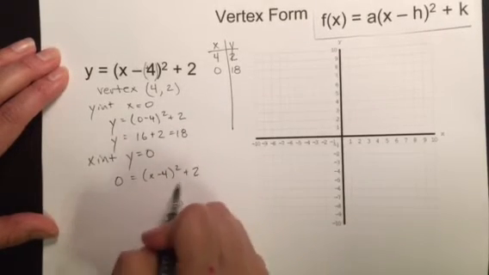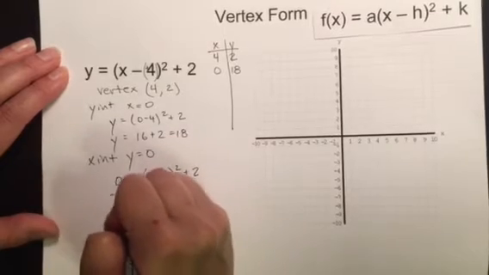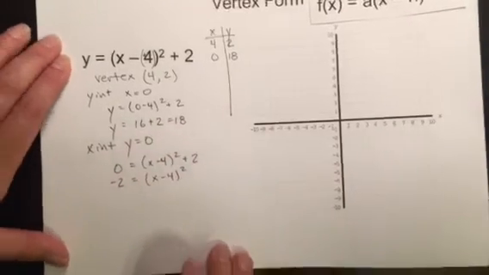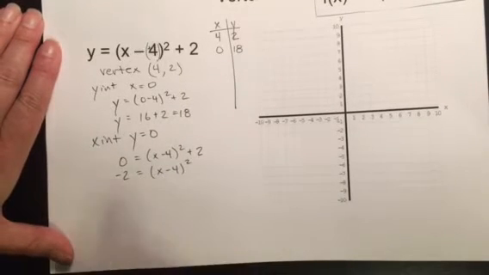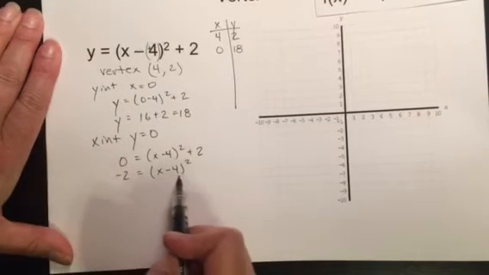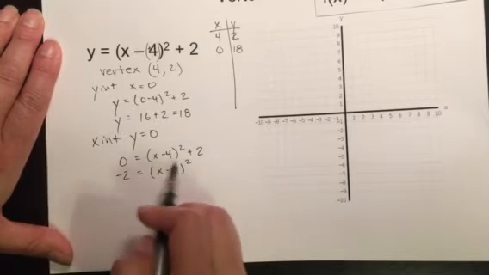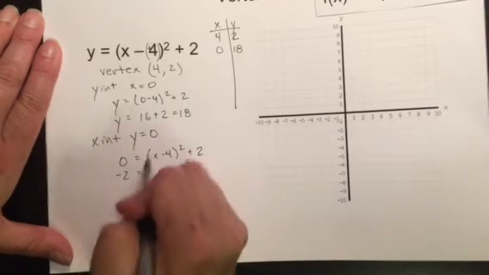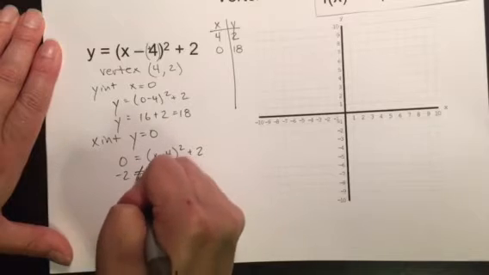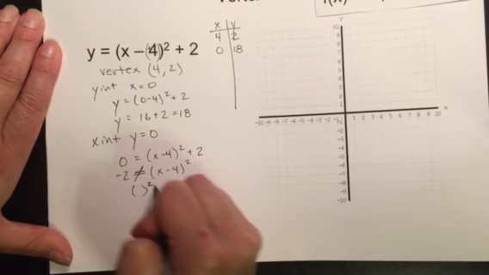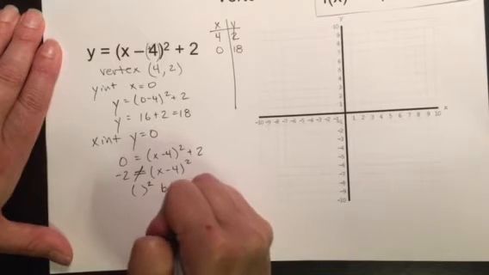Okay, and now we need to talk about this. We've got a little bit of a problem here. Notice that now that I've moved this 2 to the other side, I have that something squared equals negative 2. This cannot happen. Anything squared becomes positive.